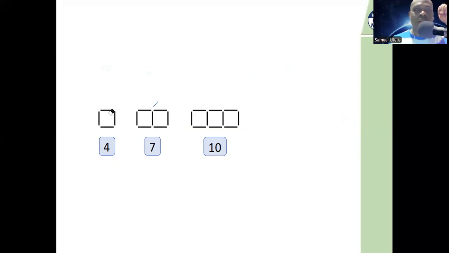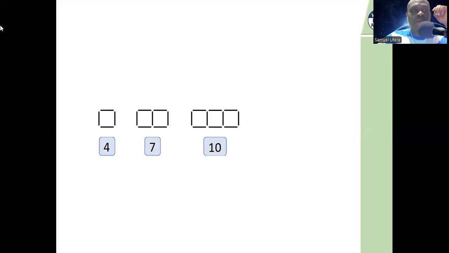Here we need 4 lines to create the diagram. Here we need 7 lines. Let me count again: 1, 2, 3, 4, 5, 6, 7. So we need 7 lines to create this diagram. You can clearly see that we're adding 3 every time.